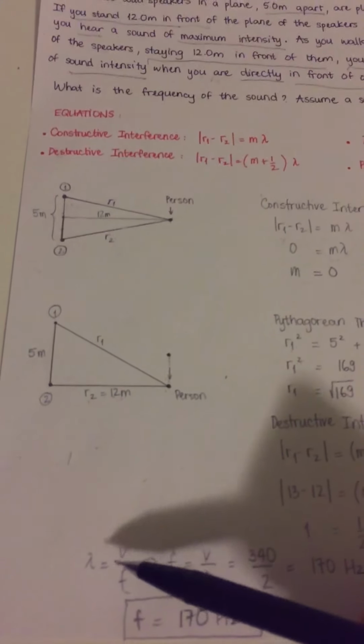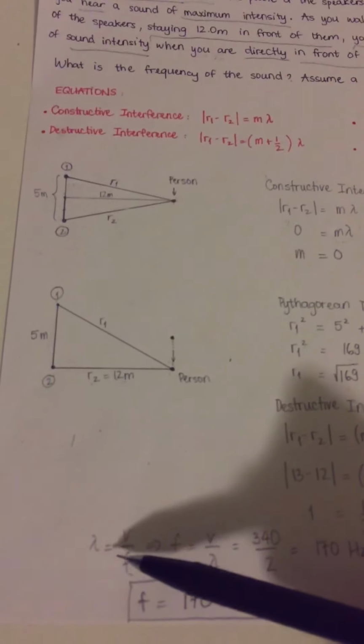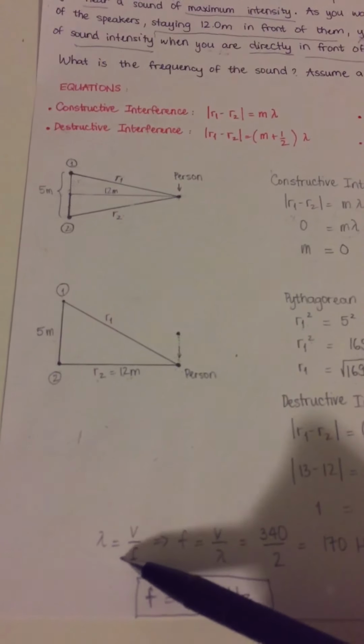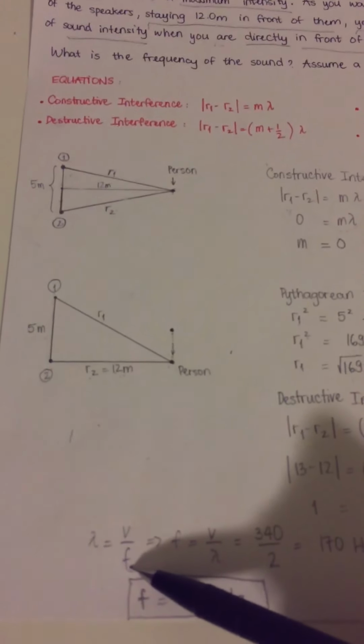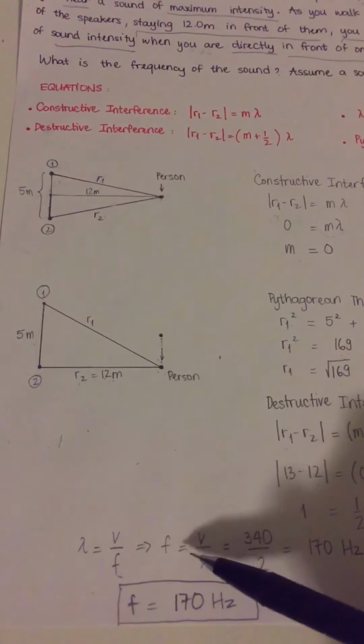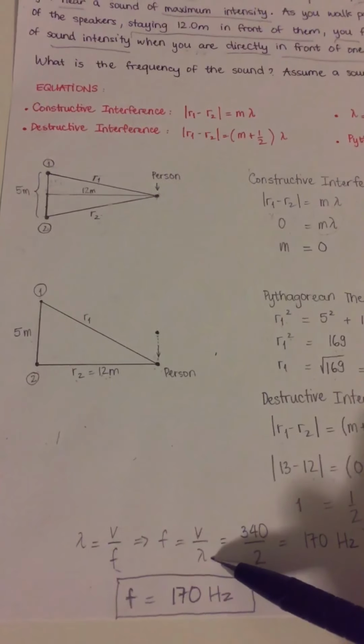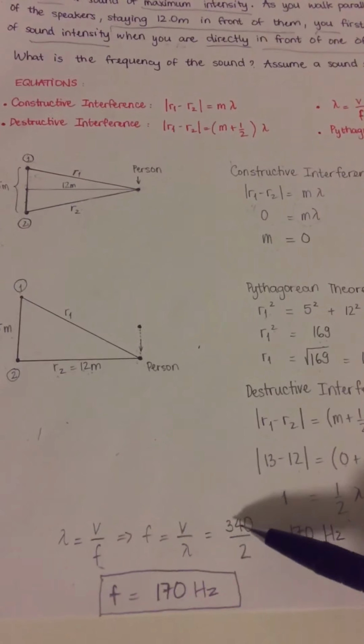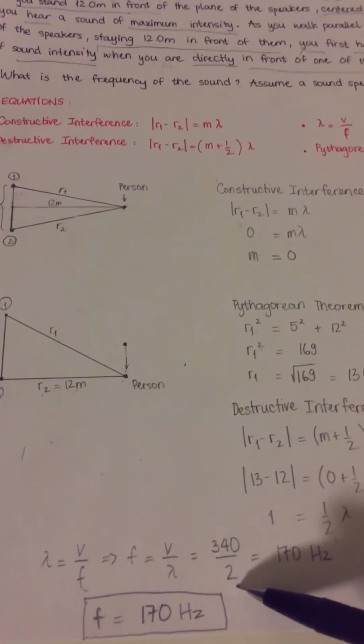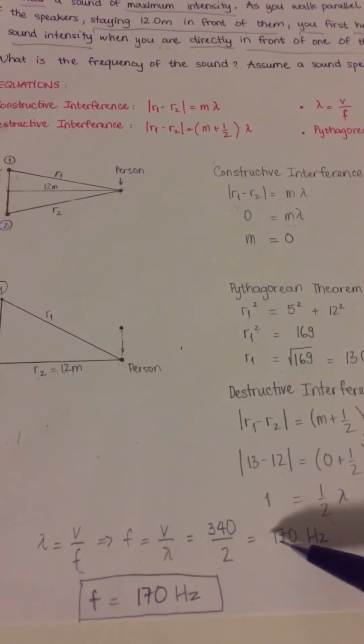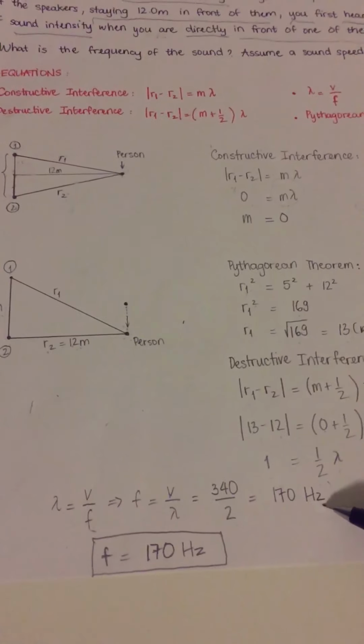The last step is to use this equation right here. Wavelength equals speed over frequency, so frequency will be speed over wavelength, equals 340 divided by 2, equals 170 hertz.